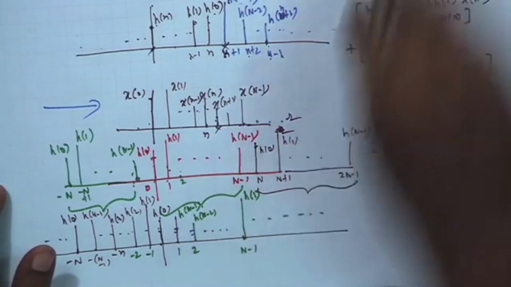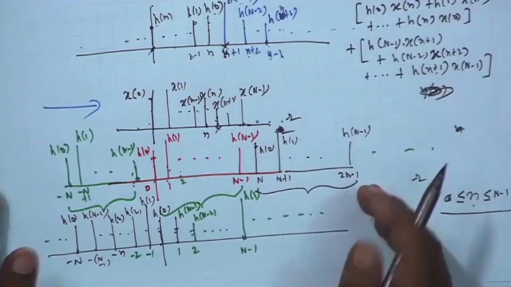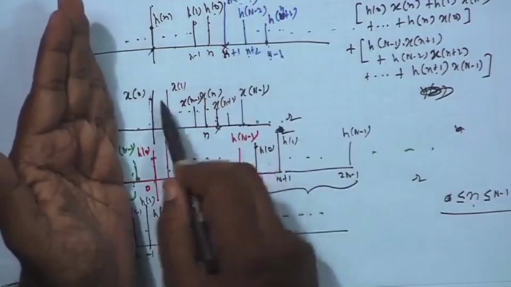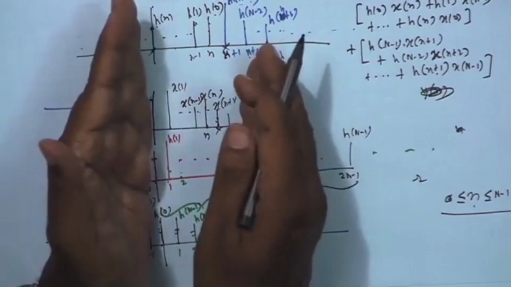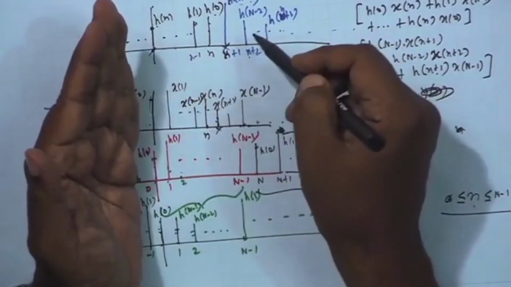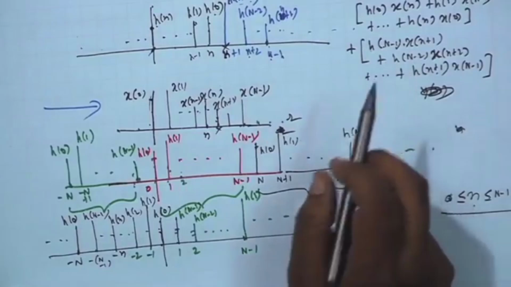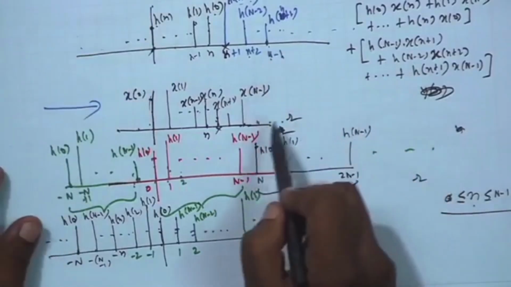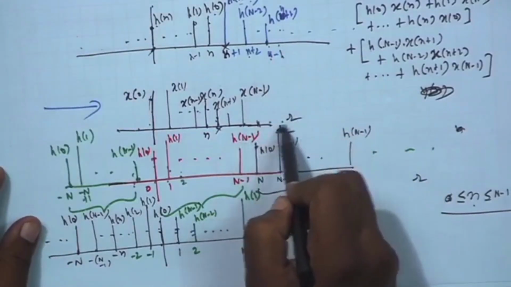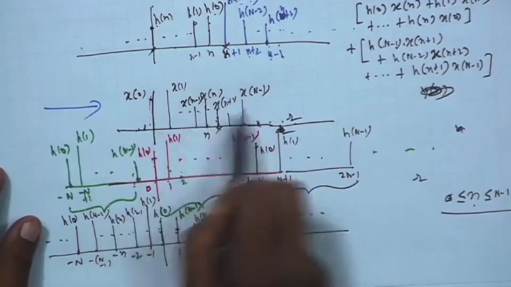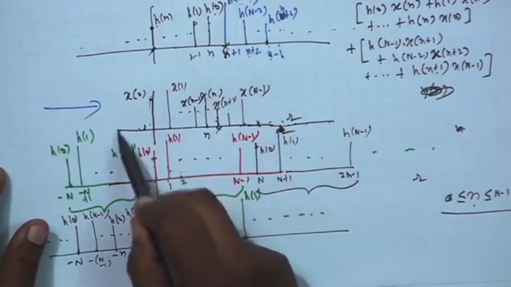And whatever comes under this block of the first sequence, you hold that only and multiply sample wise. Other terms of this flipped sequence are of no consideration, because they will get multiplied by 0 from the first sequence, since outside this block the original first sequence has only 0 values.